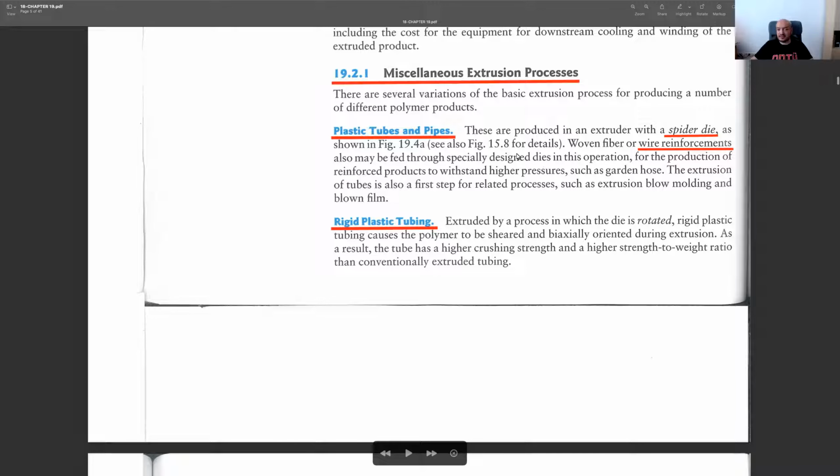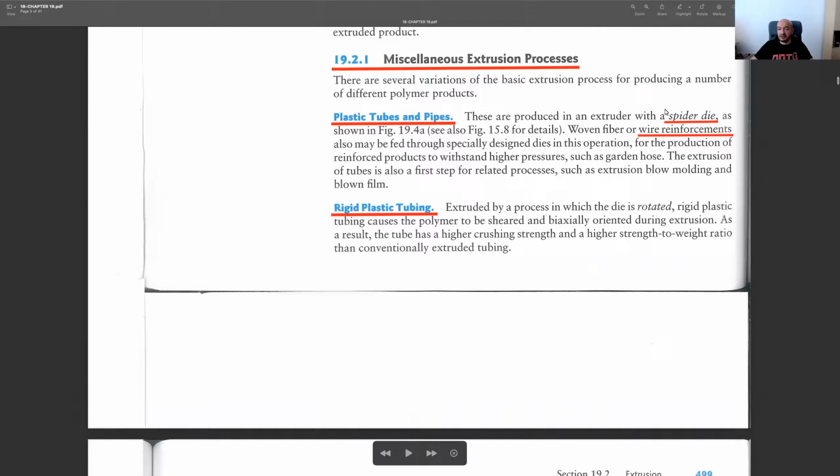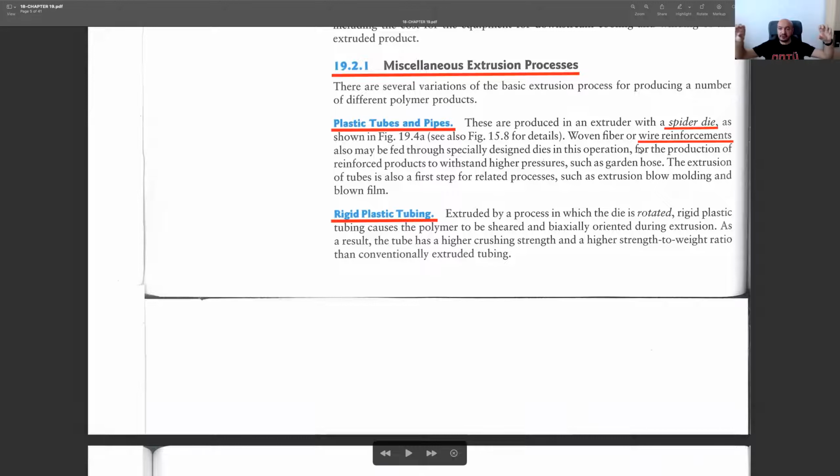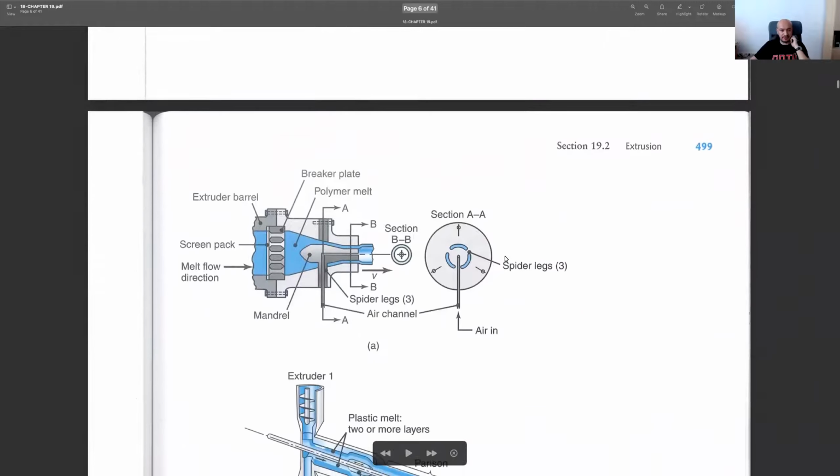If the shape is a bit complicated, if you want tubes and pipes, as we discussed in the extrusion of metals, you may again use spider dies. To increase the strength of these extruded pipes, you may embed some wires, like in the case of hoses. They are all possible with the help of extrusion.